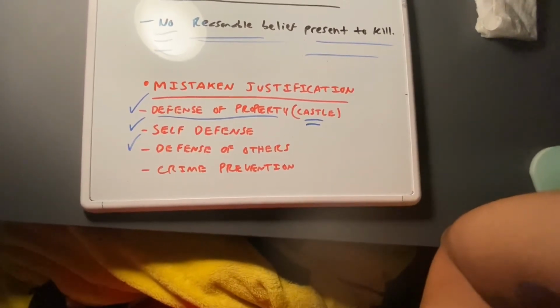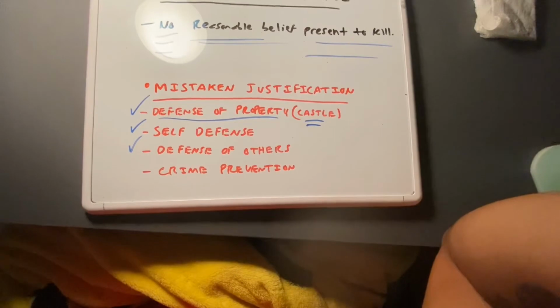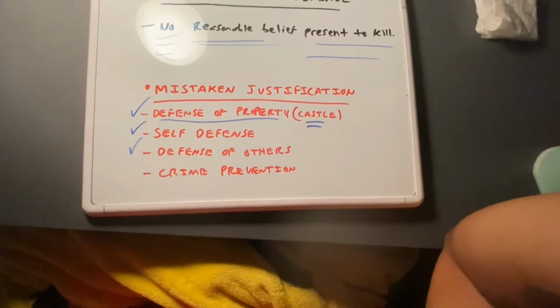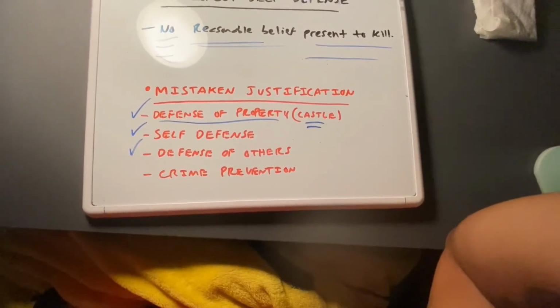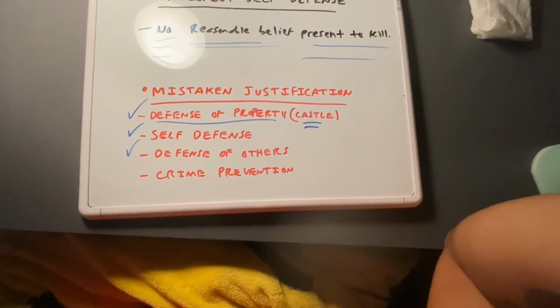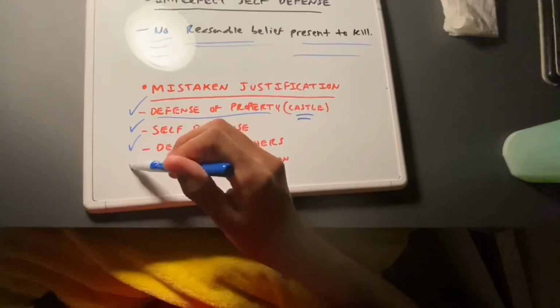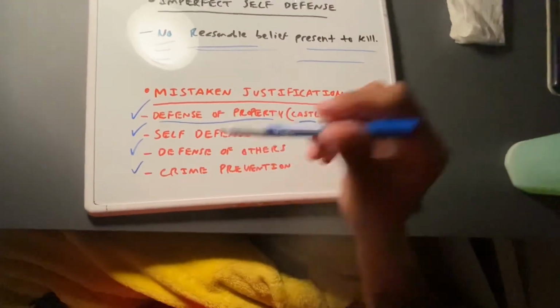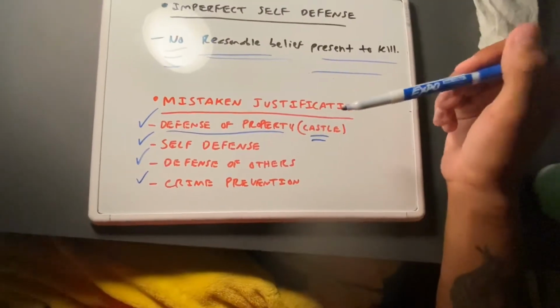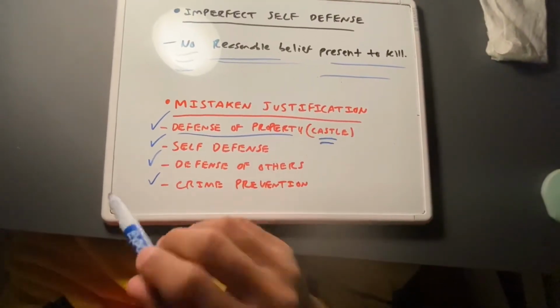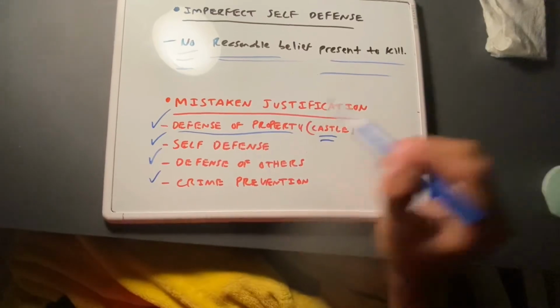Basically, crime prevention. Again, school shooters are committing a crime, right? Therefore, using deadly force in order to stop that person will be justified.